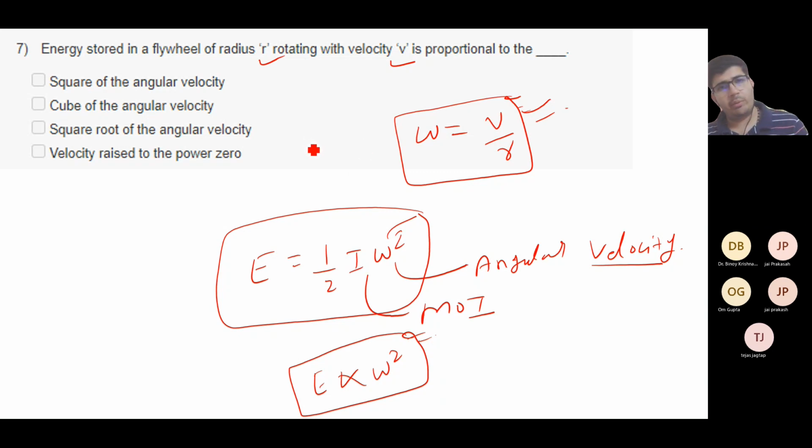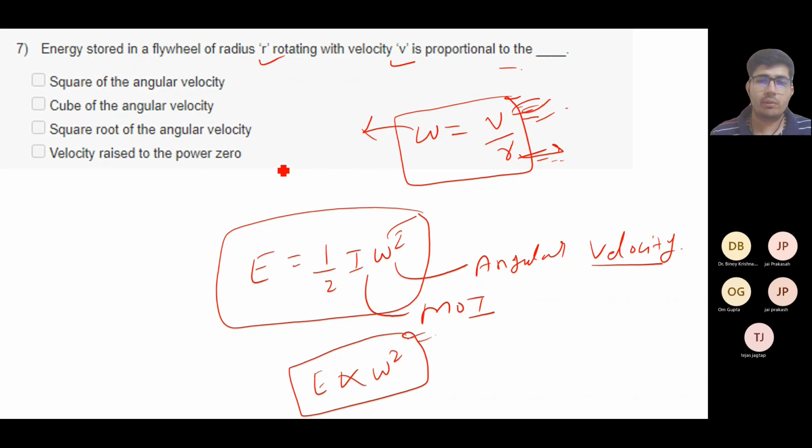So this question can be tweaked. They can ask you like this also: energy stored in a flywheel of radius r rotating with velocity v is proportional to the... they can ask with radius also. They can ask with the linear velocity, not angular velocity. They can ask you about the radius. So you should also know the formula for omega. Omega is v by r.